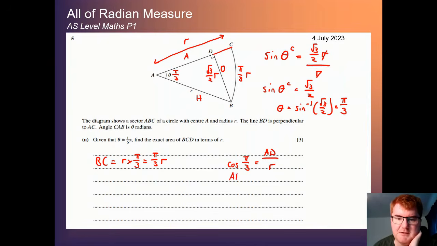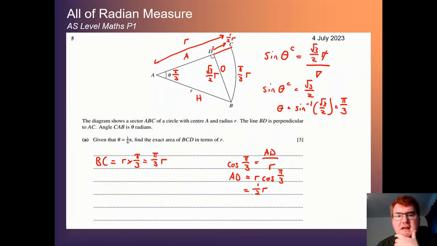So quick rearrangement. Again, if you can go straight to the answer here, that's absolutely fine, but just to show my steps. And cos pi over 3, again cos 60, it's one you need to know, that's equal to a half, so you get a half r. So this is not particularly well to scale here. So if the whole thing is r, and AD is equal to a half r, this must also be equal to a half r as well.